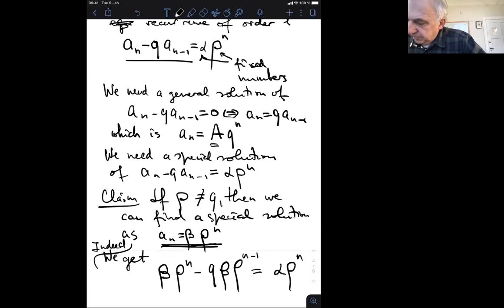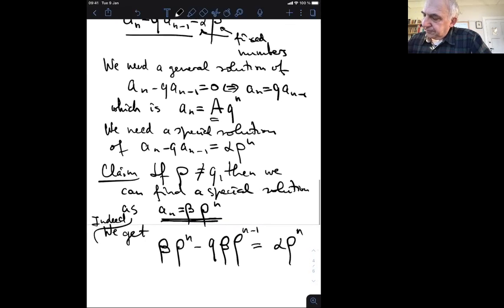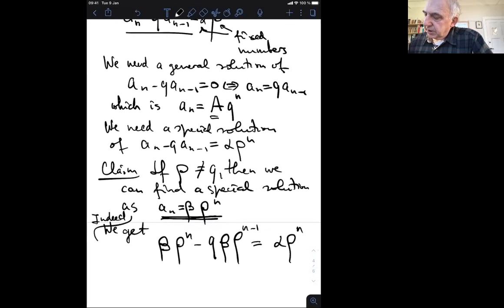Okay, so what can we do? We can rewrite the left-hand side in the following way. Let me do it once again.